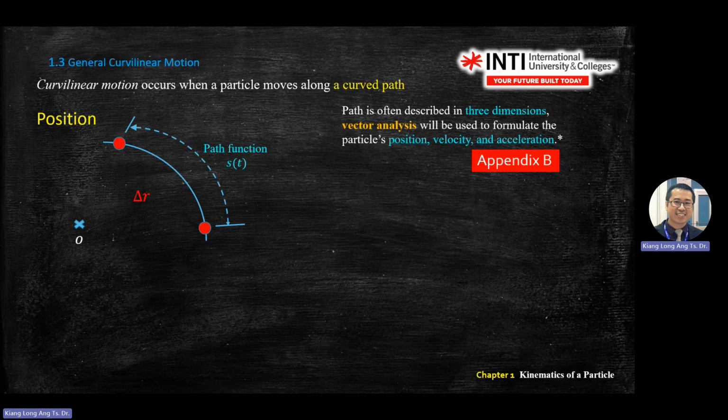This means your S is, let's say, 3t squared plus 2t plus 3, a function of time. This is a quadratic function.